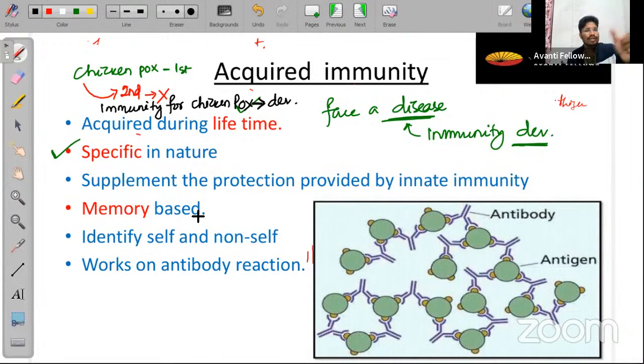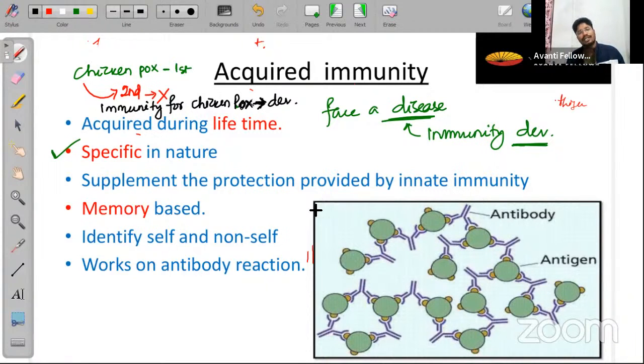This kind of immunity is your acquired immunity, because we have earned this immunity during our lifetime. We have acquired this particular immunity against the chicken pox virus, we have developed it during our lifetime, right? This is your acquired immunity, acquired during our lifetime, right?